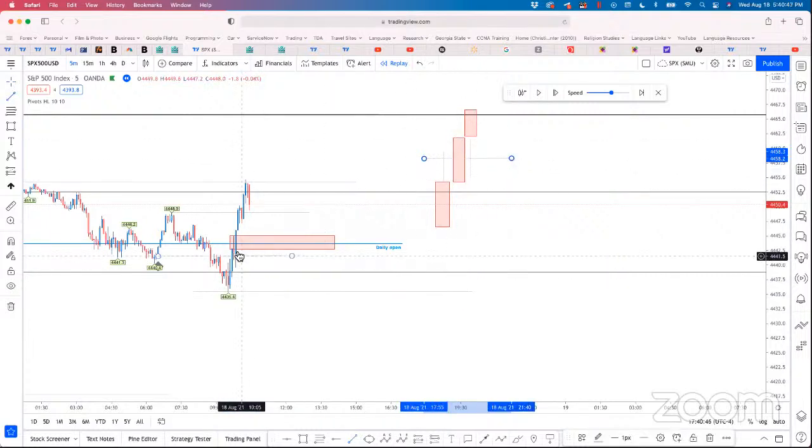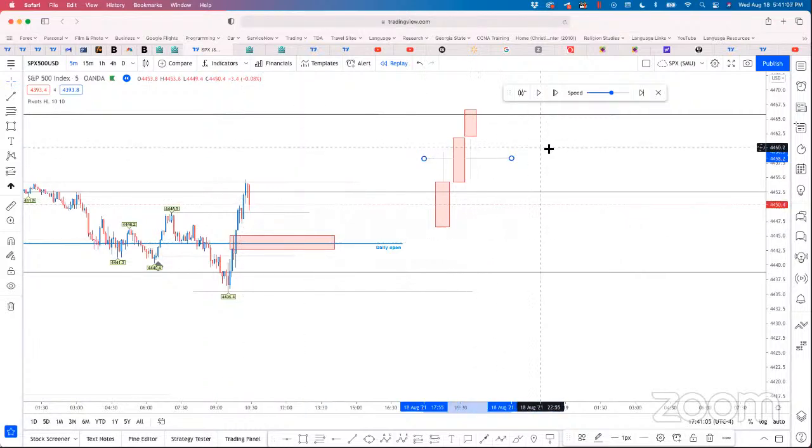The sign of that is you see this wick and then you see a bullish engulfing trade through it. If they leave this without coming back to this, chances are they're going to come back to make this happen, right? Sometimes it happens immediately.